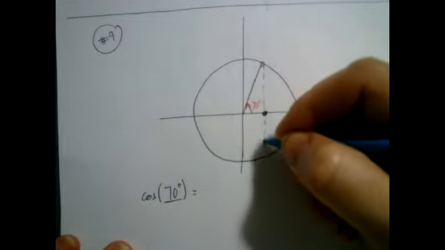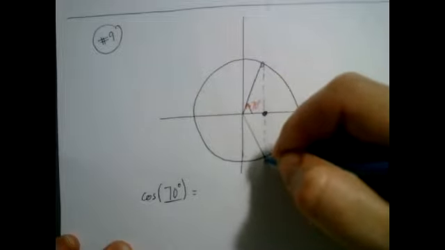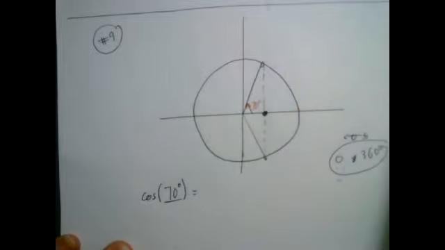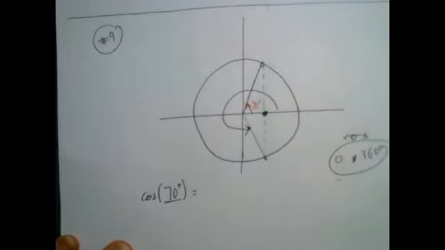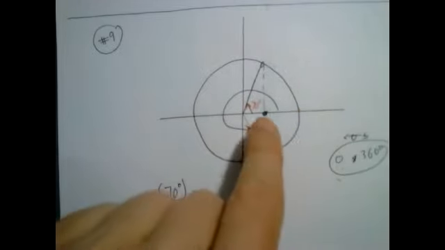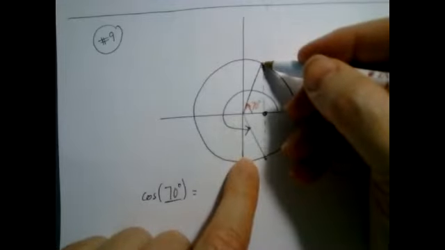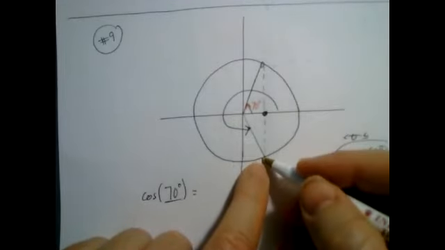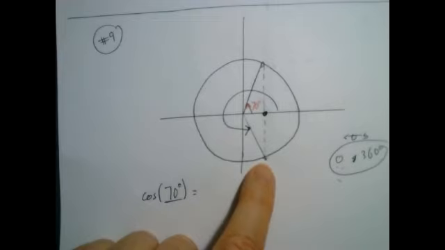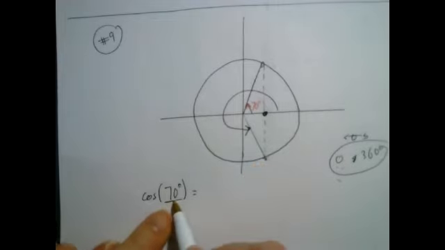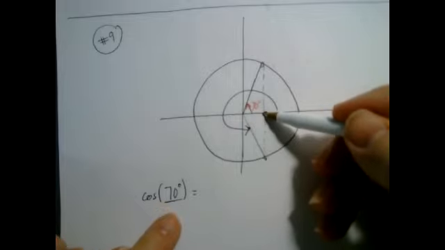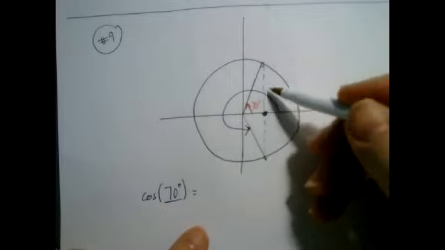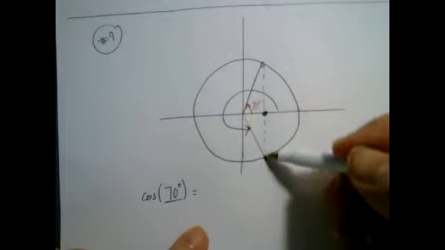The answer is yes. If I take that angle from here to here, both angles have the same cosine. So if I know the cosine of 70, immediately I know the cosine of that angle. So we go back to the picture. We say, okay, this is 70. Its cosine is the x-coordinate. Can I find another angle that has the same x-coordinate?